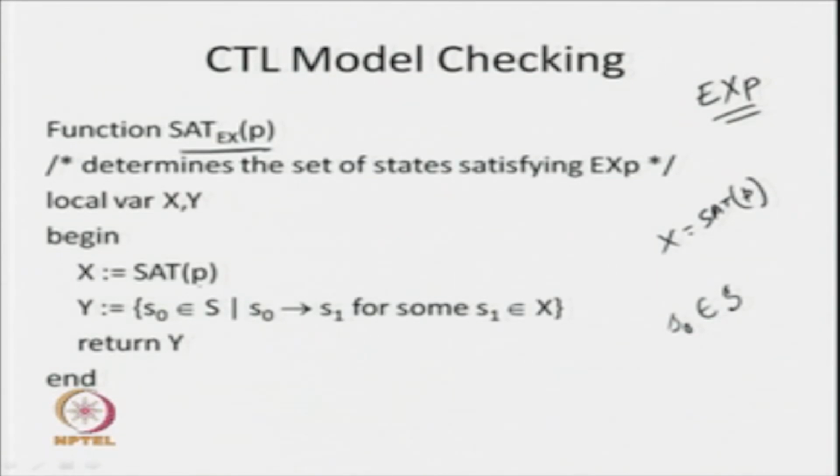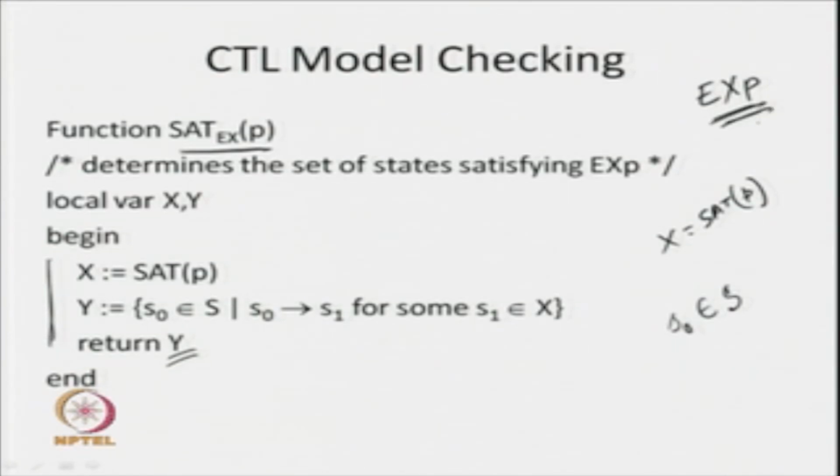So, we collect all such states S0 from which we have a transition to a member of X. That means we get the states where in the next state the formula P is true. Then we return this set of states Y. Basically, these steps give me the set of states where the formula EX P is true.